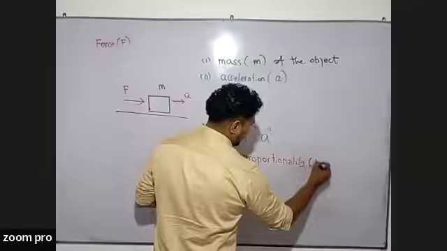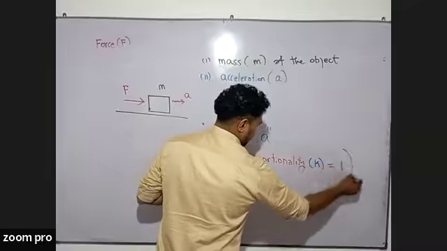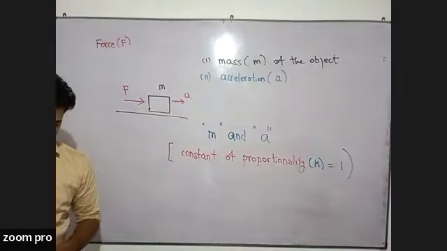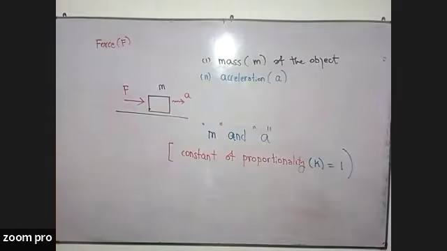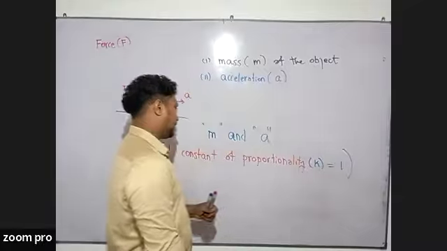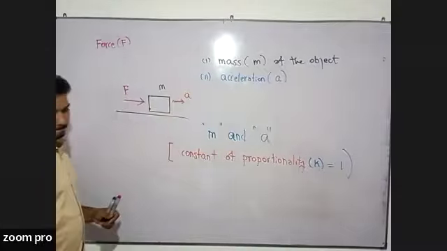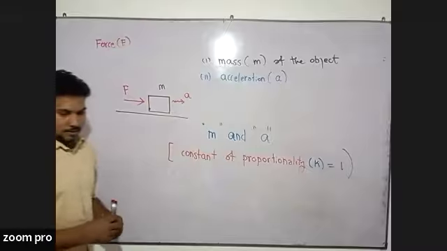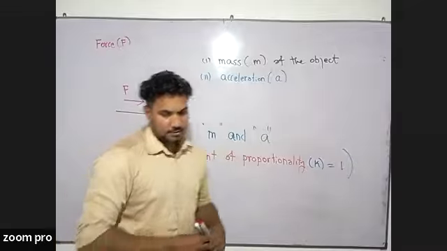Constant of proportionality is equal to 1. Constant of proportionality, that is K, equal to 1. Right.